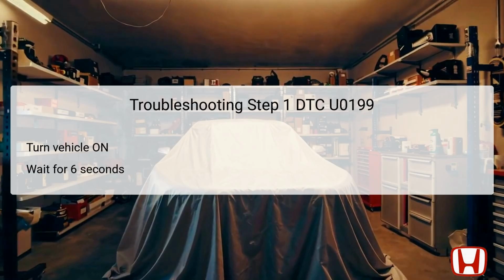This waiting period allows all communication systems within the vehicle, including the Honda Data System, HDS, which monitors internal communications, to stabilize and initialize correctly. Failure to wait could result in incomplete data readings, leading to misdiagnosis of the issue at hand. Therefore, this step cannot be overlooked.